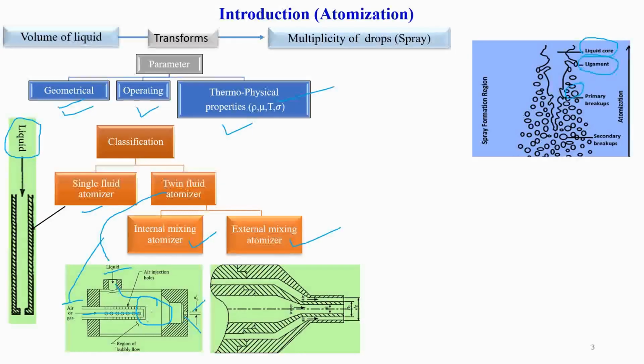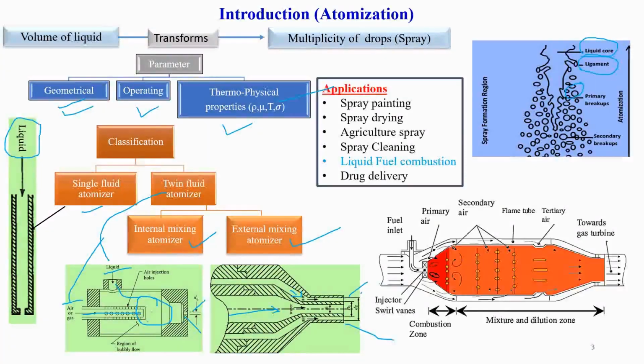Whereas in the external mixing atomizer, both liquid, such as water, as well as air mix at the exit of the atomizer. So here it is mixing, so this is known as the external mixing atomizer.